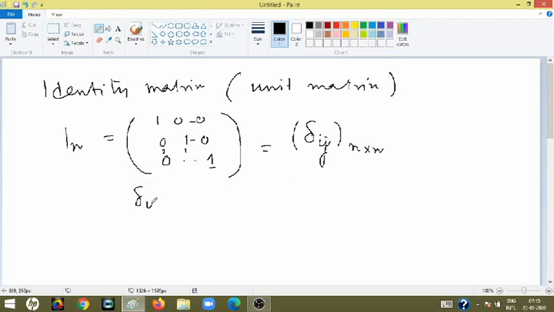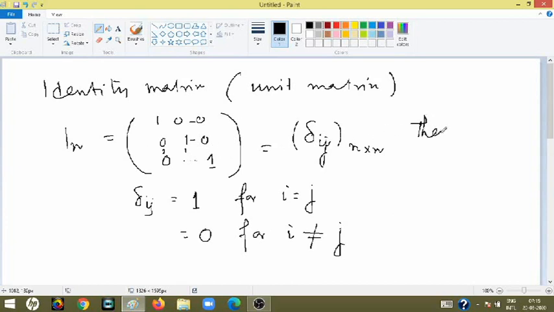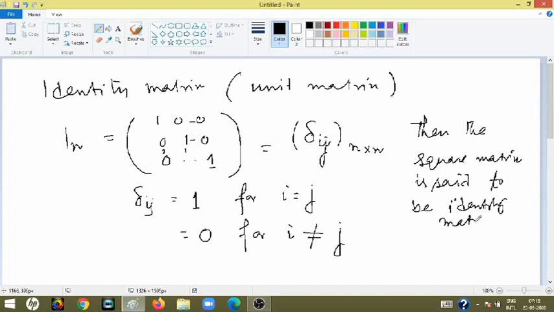If delta ij equals 1 for i equal to j, and equals 0 for i not equal to j, then the square matrix is said to be an identity matrix, or unit matrix.